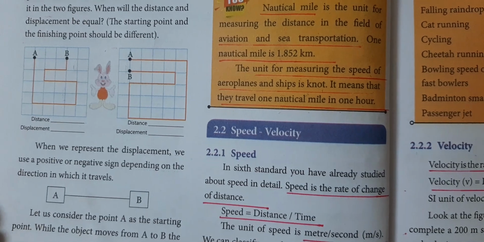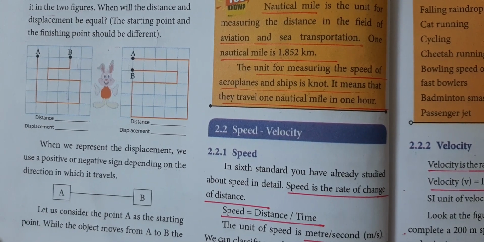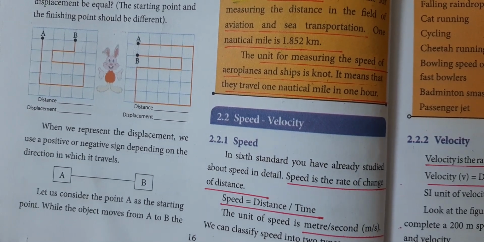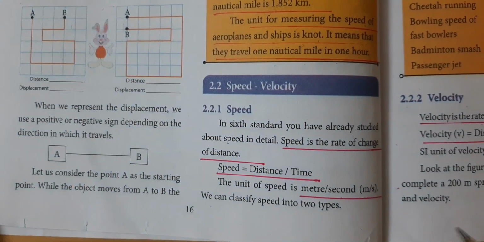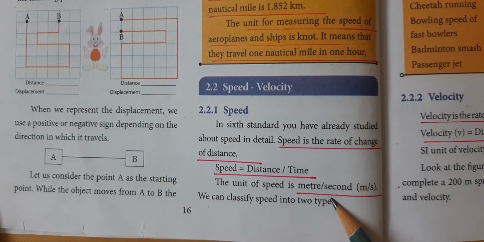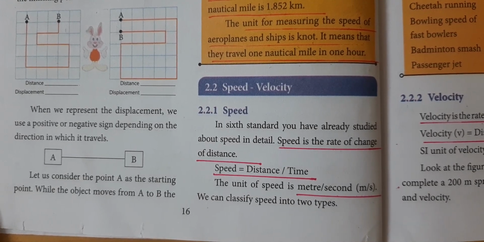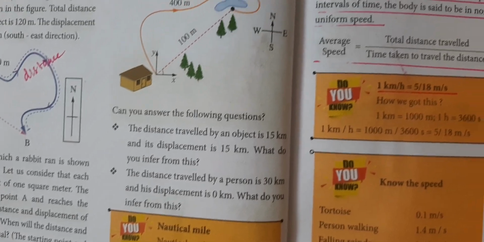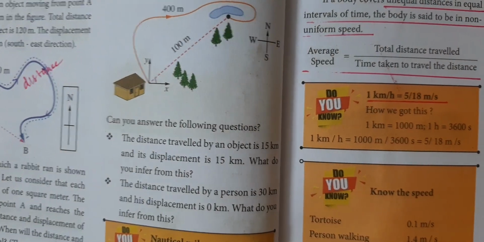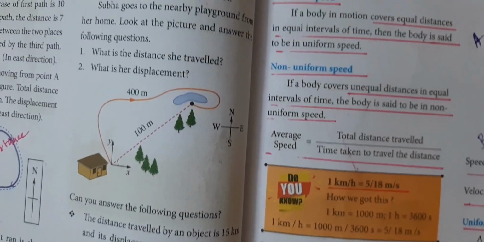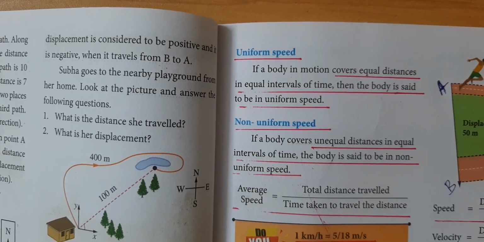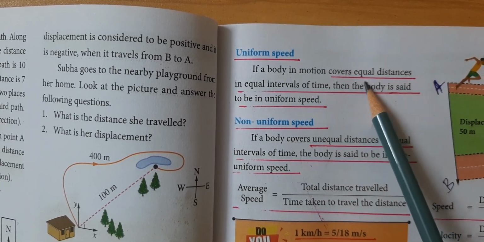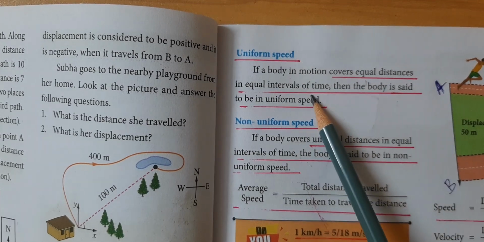What is speed? Speed is the distance traveled in a given time. Distance by time is called speed. The unit of speed is meter per second. We can classify different types of speed depending upon the type of movement, for example uniform speed and non-uniform speed. Uniform speed is when a body in motion covers equal distances in equal intervals of time.